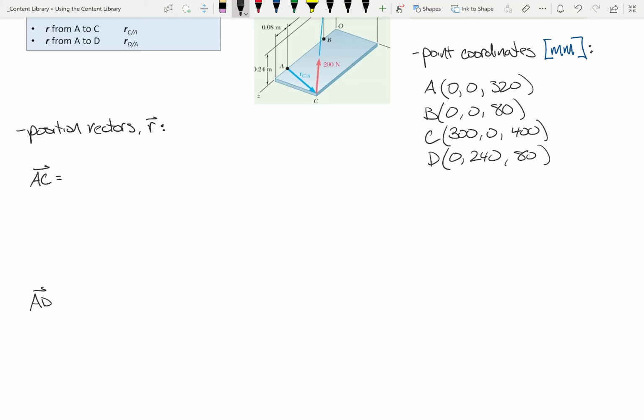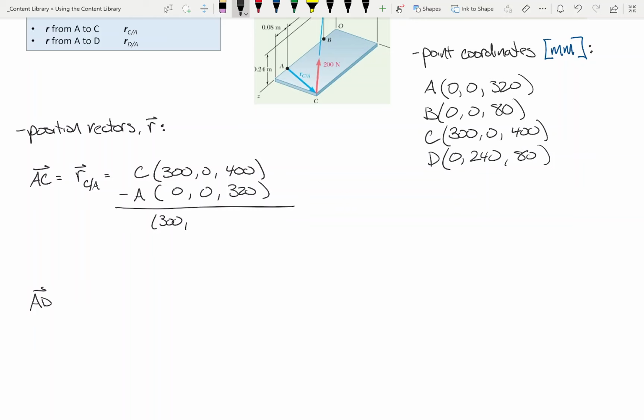Instead of vector AC, I'm going to write it like this, which basically means the vector to C from A. The reason this is nice is that I can say point C is that, point A is that, and if I subtract the two, what do I get? I get 300 minus 0, which is 300. I get 0 minus 0, which is 0, and this is 80.